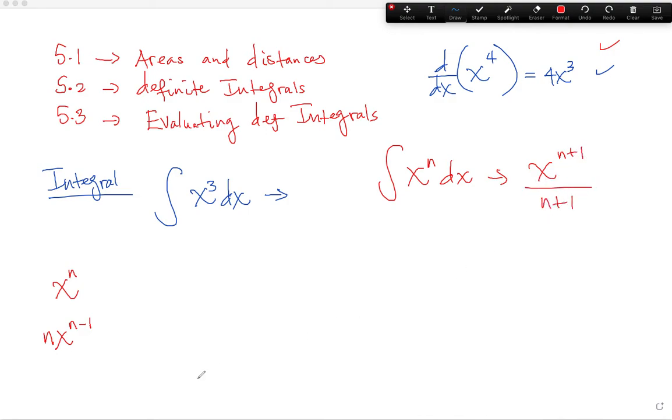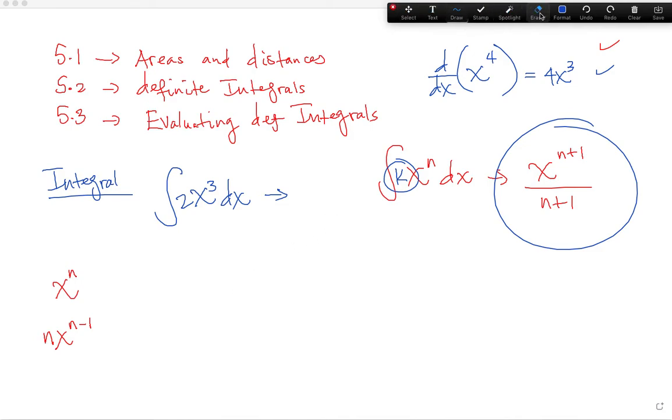So it's x to the power n plus 1 divided by n plus 1. It doesn't matter whether or not there is a constant in front of it. So there could have been a 2 here. You ignore that 2 and just take care of this part, which is adding 1 to the power and then dividing by the new power.